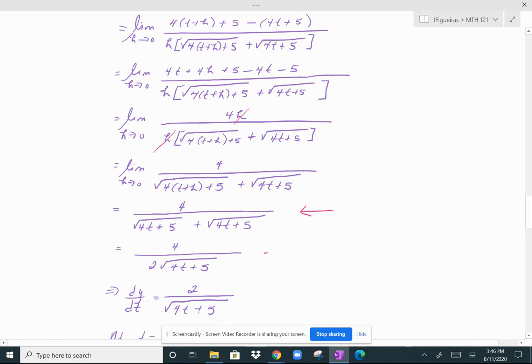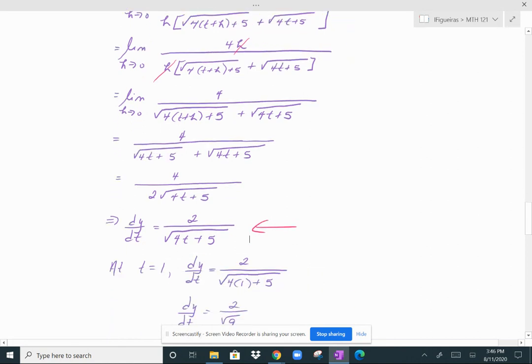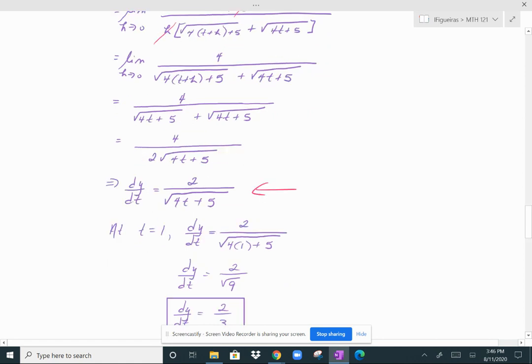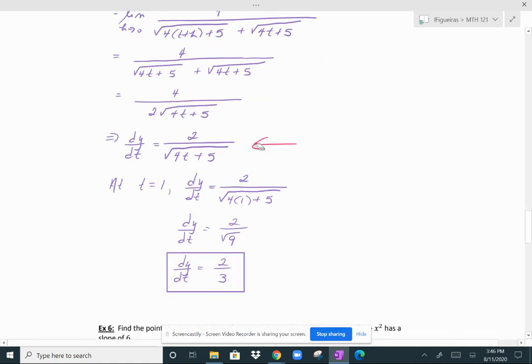So I end up with 4 over 2 square root 4t plus 5, and then 2 goes into 4 twice, and your general derivative is 2 over the square root of 4t plus 5. Then I have to evaluate it at 1. And when you do, you get 2 over root 9, which means that I have a derivative of 2/3.